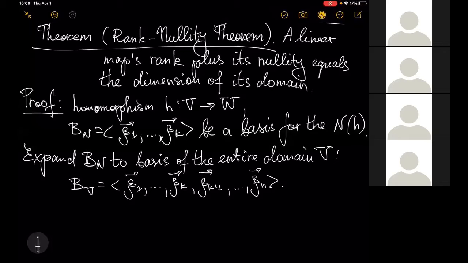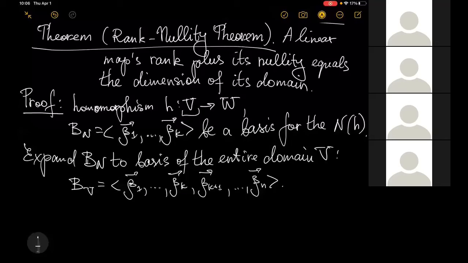So the process is the following: you take the basis of the null space, right? And then let us suppose that the null space does not coincide with the whole vector space V. In such a case, there will be vectors in V which are not spanned by the vectors of the basis of the null space.